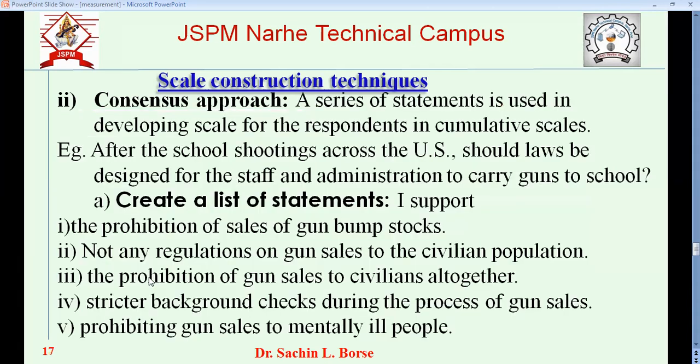So I support the prohibition of sales of gun bump stocks, I do not support any regulation on gun sales to the civilian population, and I support the prohibition of gun sales to civilians altogether. He said yes only to these, and he says there is no need to check the background, and no need to prevent mentally ill persons from purchasing the gun.